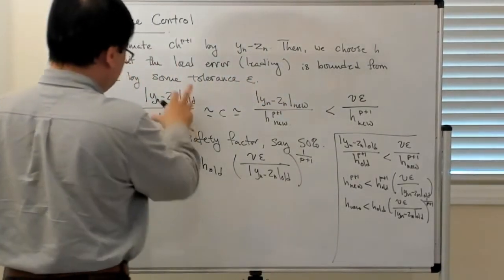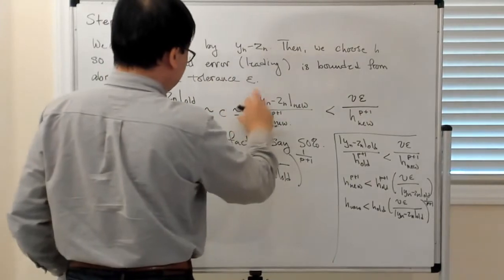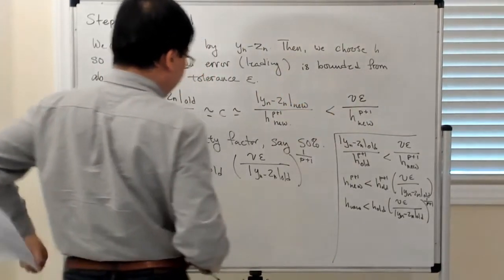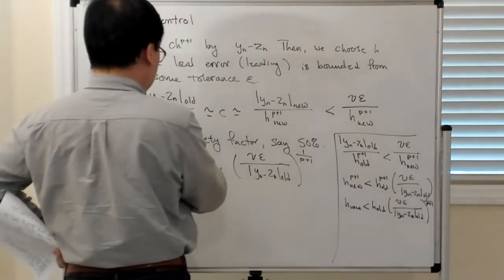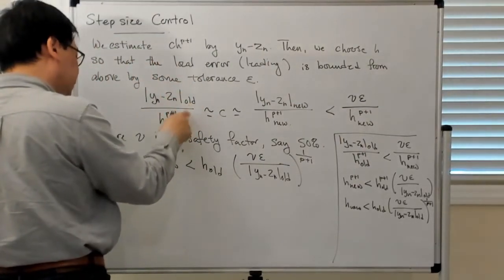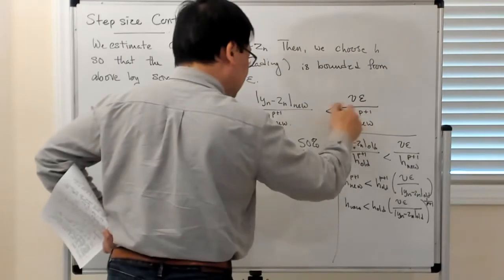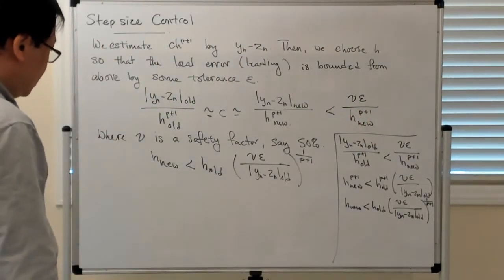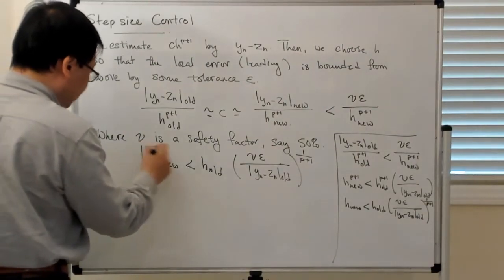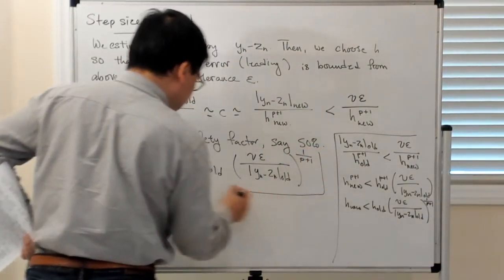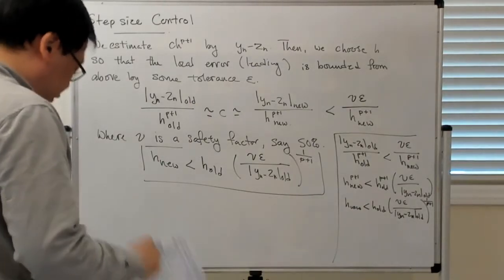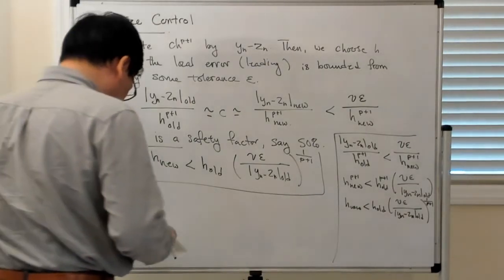It's just saying this, which is approximately C, which is approximately this, and this is the thing we care about, is less than this thing, and so we just have this expression in terms of the old values be less than this thing, which involves the new time step. So we have to have something which satisfies an inequality like this.